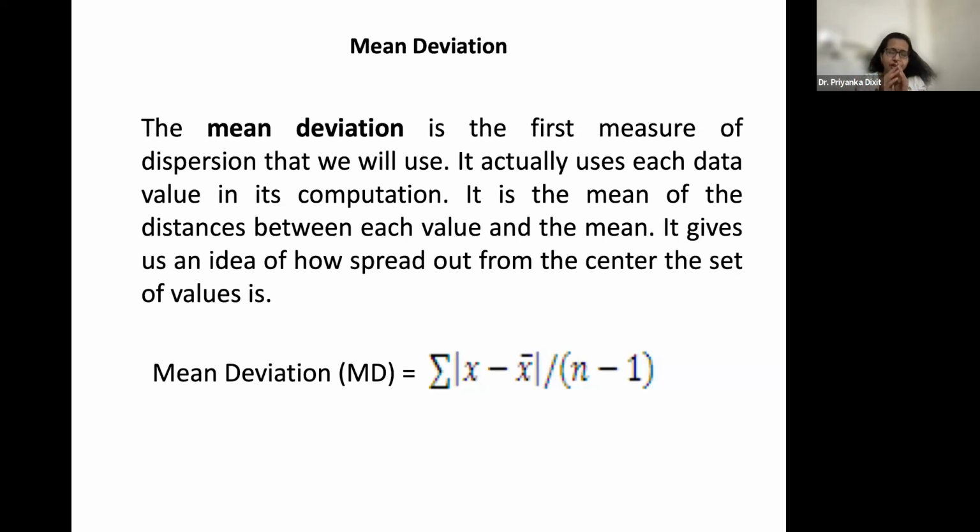But we are not interested in whether they are below or above. I am just interested in how far they are from the mean. That's why I apply the modulus, so that I ignore the negative and positive sign and only get the positive distance. So this is the mean deviation.